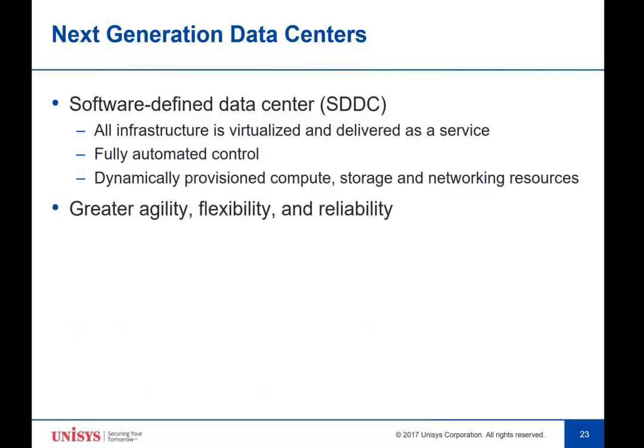So there's no physical moving of hardware or anything like that. You have your infrastructure, and then you can decide dynamically and in real time and through automation how you want to deliver that infrastructure and how you want to apply it to workloads. And it can be dynamically provisioned, so it doesn't have to stay the same. It can change for changing conditions, times when things get busy or slow and so forth.